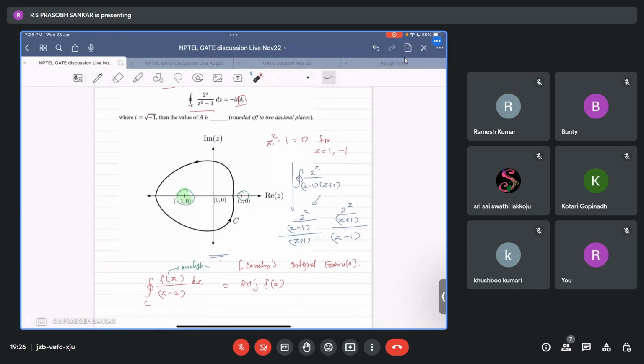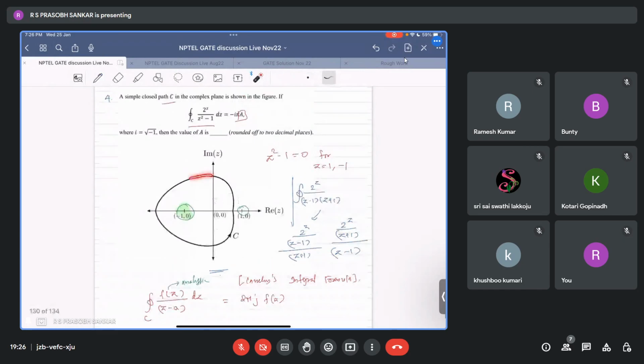So now, if you see this case here, the pole that is problematic is inside. If we consider this function, 2 raised to z by z plus 1, it is infinity at z equal to minus 1. So for a point inside this curve, this thing is infinity, or not analytic.